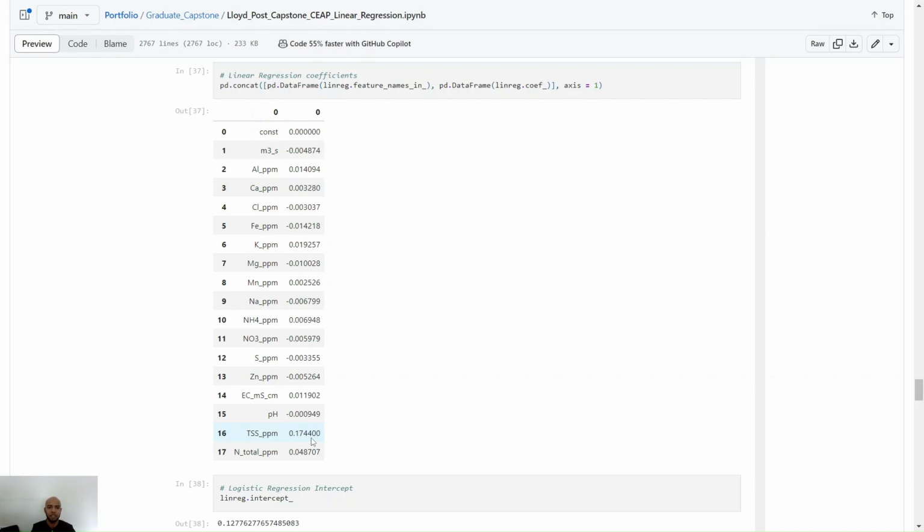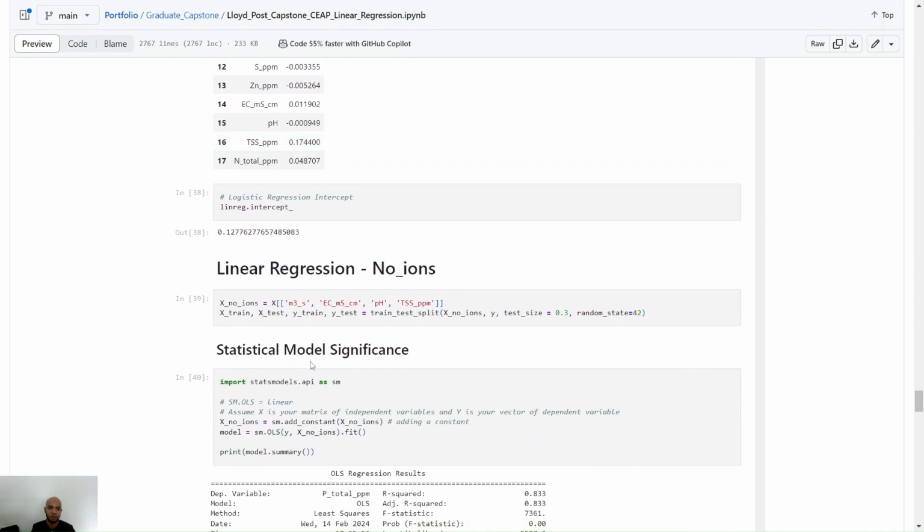This makes sense because if dirt washes into the river, there's more likely to be phosphorus in that sediment or soil. Here's the intercept on that model, which is 0.127.